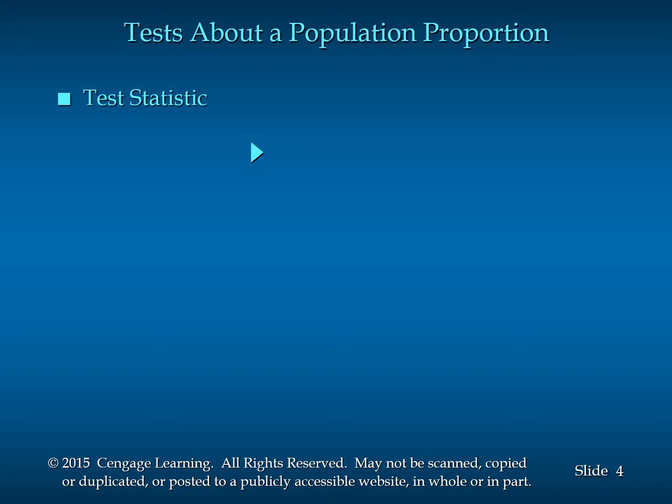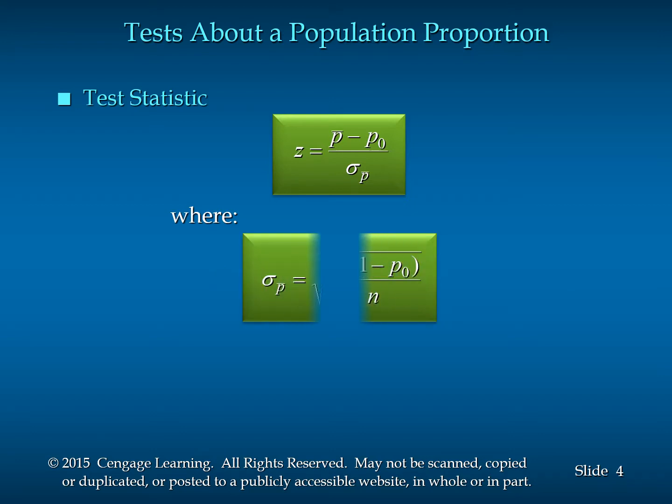The approach to testing is the same as for the mean, but we need to use a different formula for calculating the test statistic. In this case, we will use the standard error of the proportion, which we see here as sigma sub p bar. That's the square root of proportion times 1 minus the proportion divided by the sample size n.